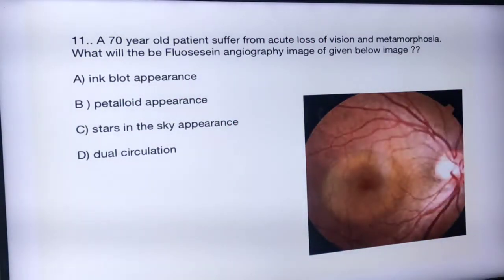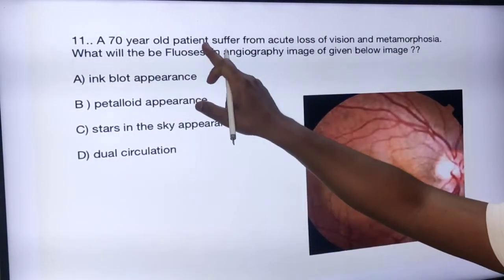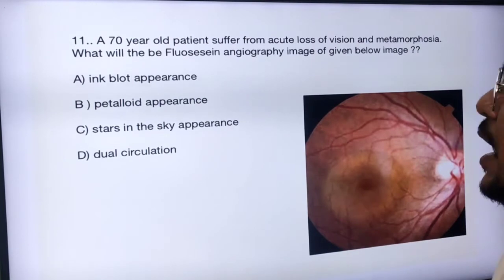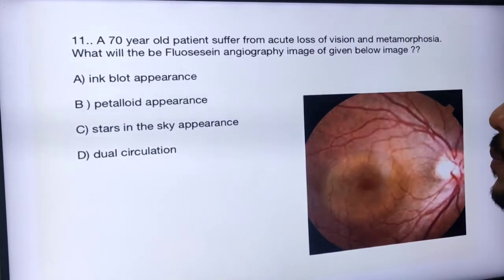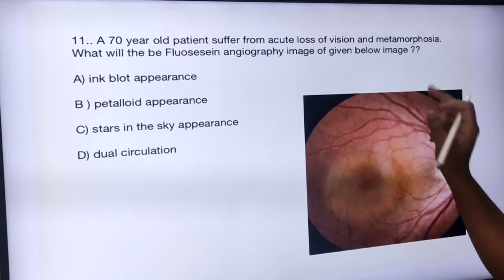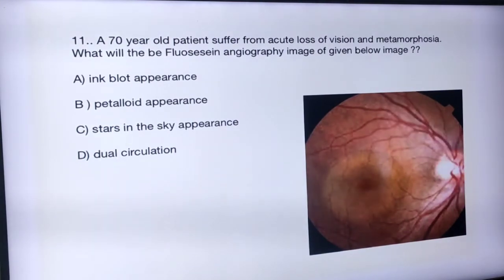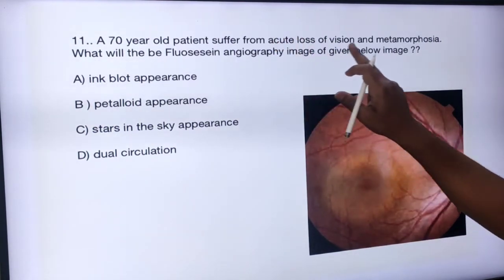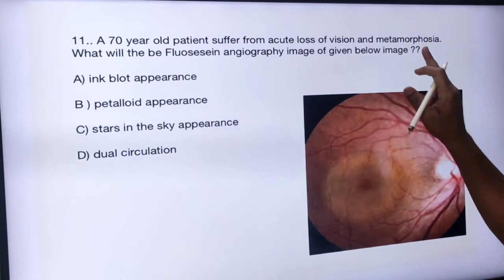Coming to this, a 70-year-old patient suffers from acute loss of vision and metamorphopsia. What will be the fluorescein angiography image among the given images?